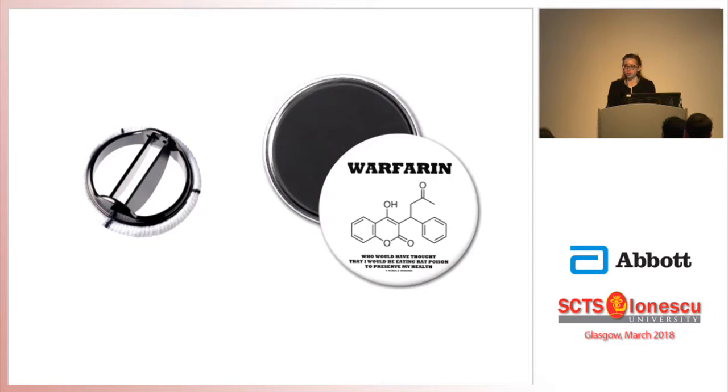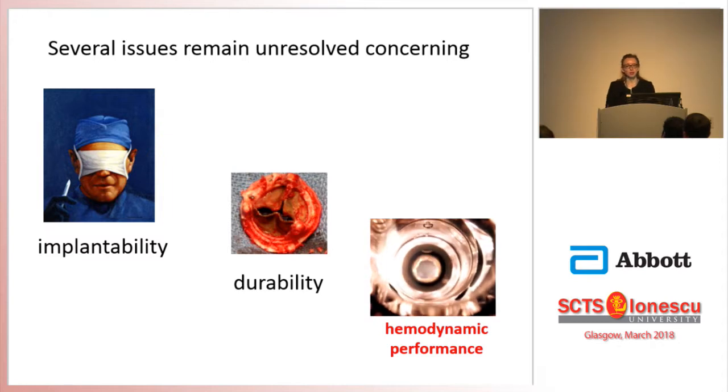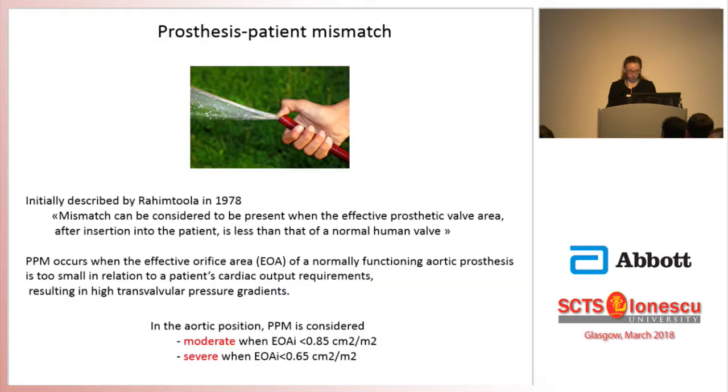The rationale for using bioprostheses is that they have low thrombogenicity, which doesn't require anticoagulation therapy. However, there are several issues remaining, like structural deterioration, sometimes challenging implantation, and most importantly, hemodynamic performance.